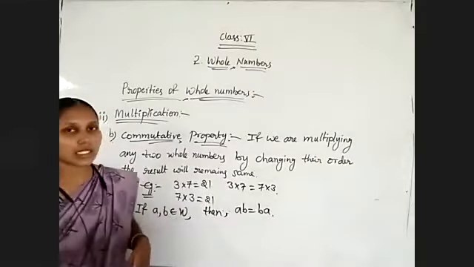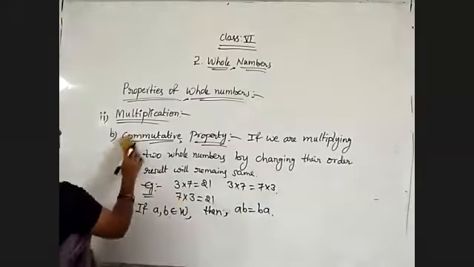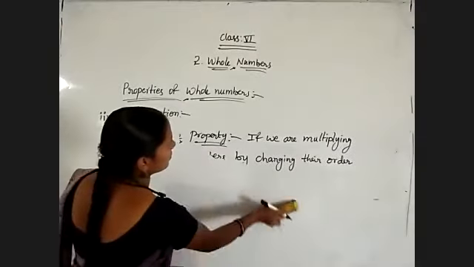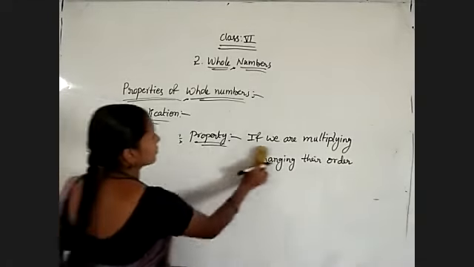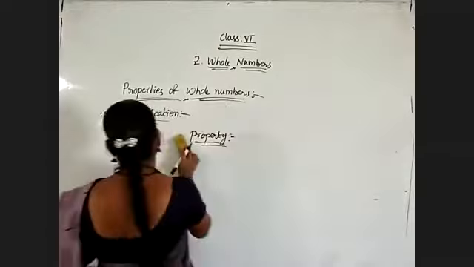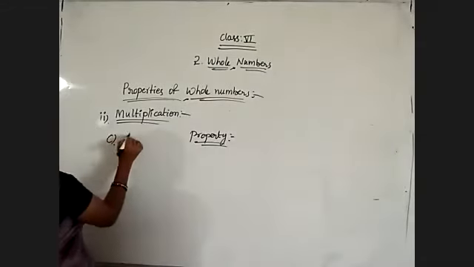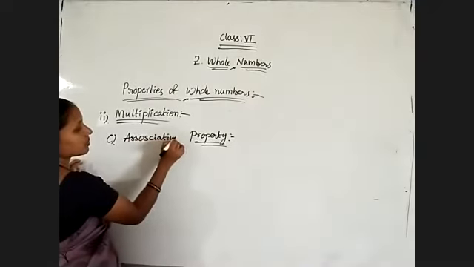I am coming to the third property, the associative property. So our third property is the associative property over multiplication of whole numbers.